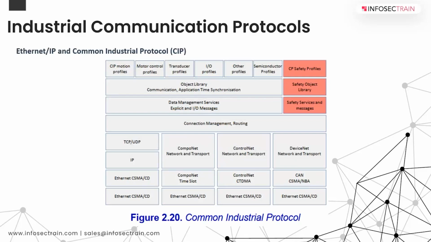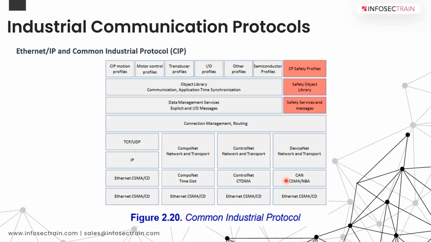So coming back to protocols, another important aspect that again is used in the industry is Ethernet/IP and the Common Industrial Protocol. The reason why both are together is that they are almost the same. This CIP, or the Common Industrial Protocol, was developed by the Open DeviceNet Vendor Association to automate industrial processes.